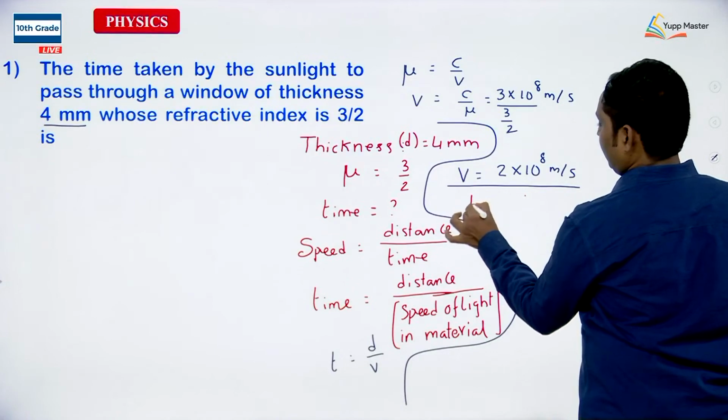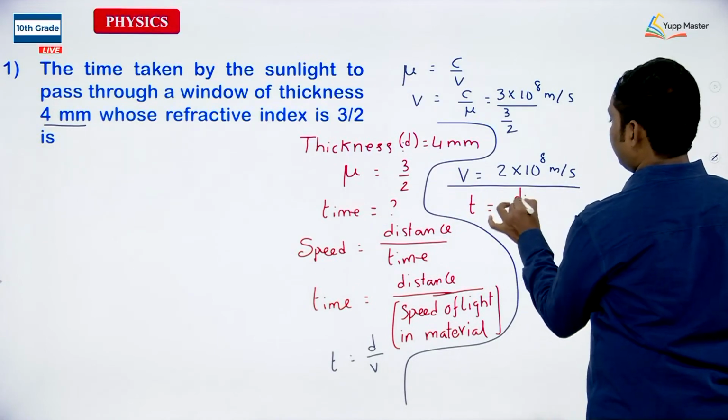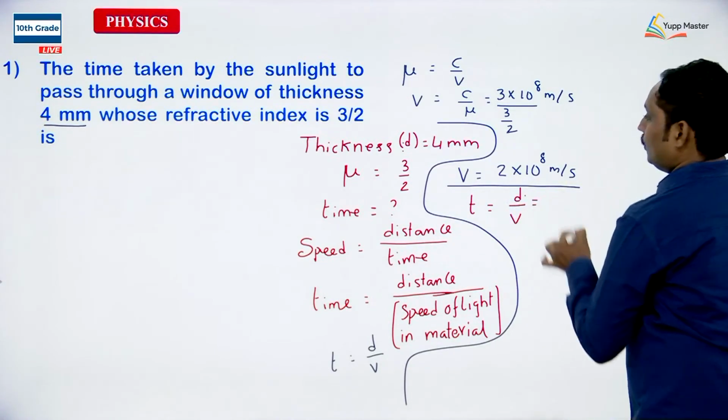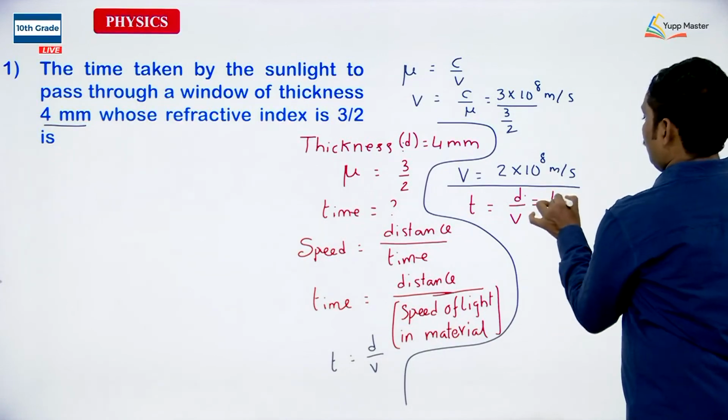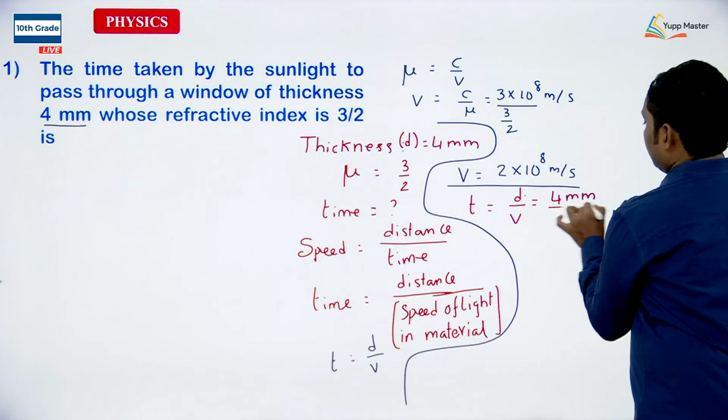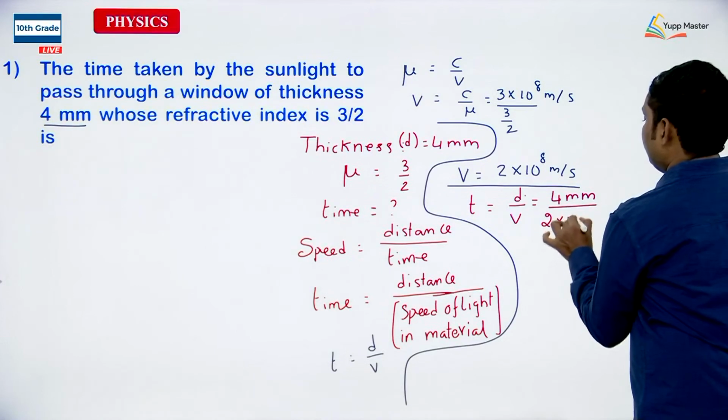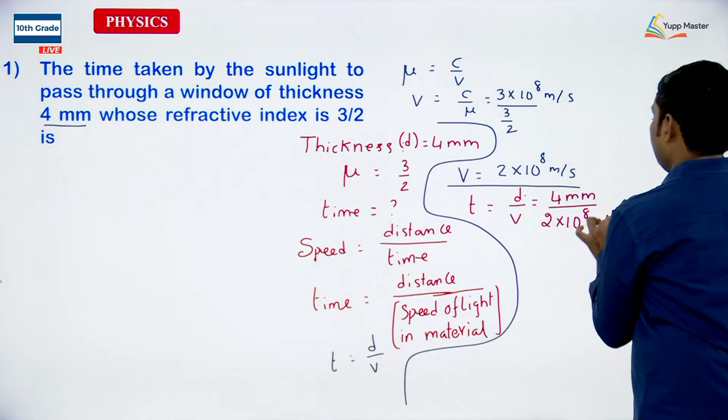Therefore, time taken t is equal to d by v, that is 4 mm by 2 into 10 to the power of 8 meter per second.